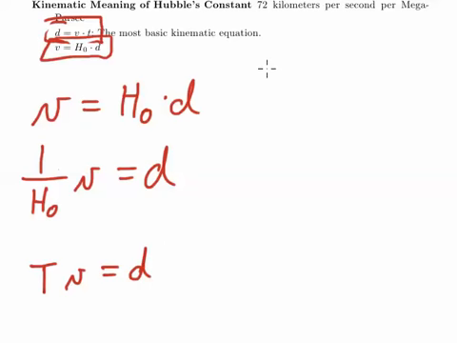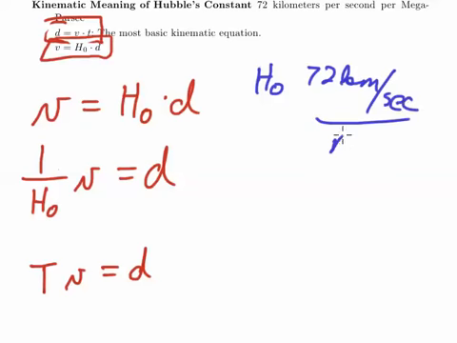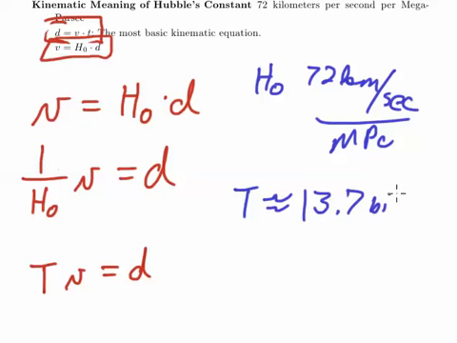So we know a couple of things. Hubble's constant is 72 kilometers per second per megaparsec, and the age of the universe we're usually given is about 13.7 billion years.